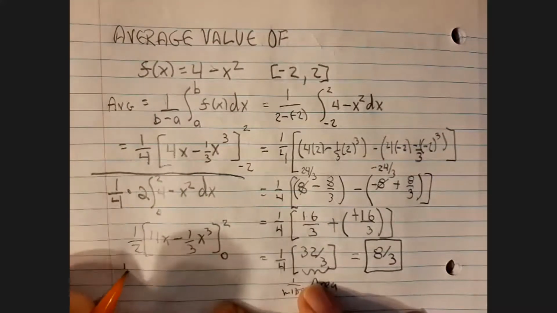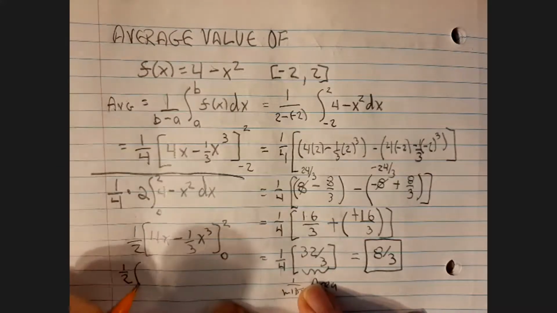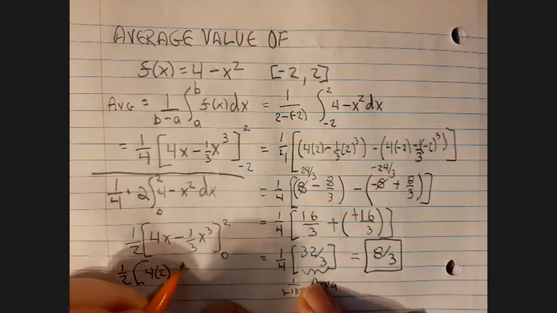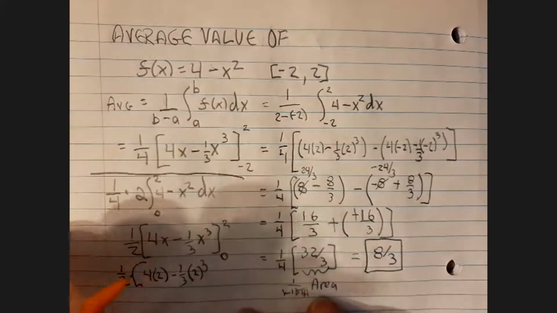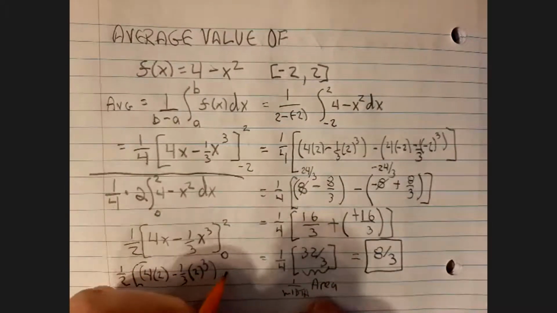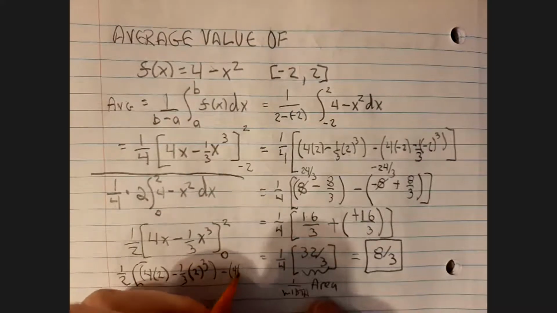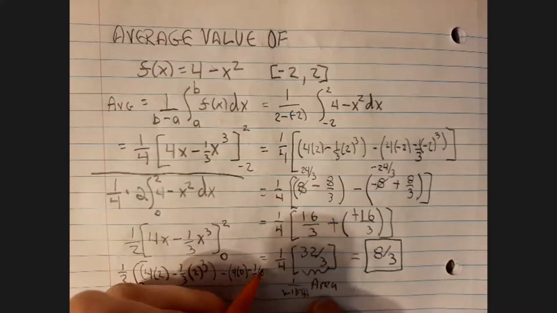So you'd have 1/2, and then plug in 2. So 4 times 2 minus 1/3 times 2 cubed. And then if you plug in 0, you end up with 4 times 0 minus 1/3 times 0 cubed.